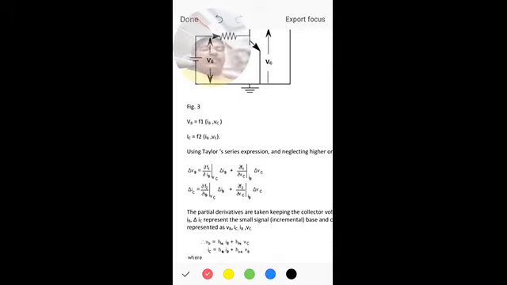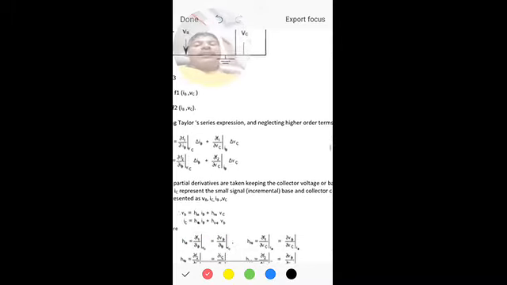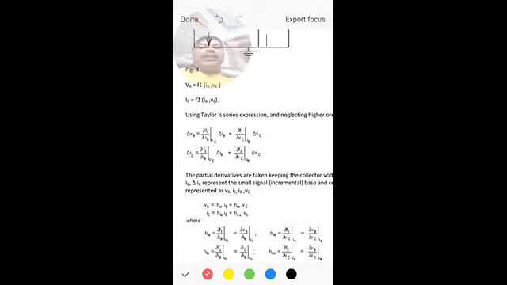expression, neglecting the higher order terms, we can write delta VB. That is VBE is equal to the input voltage.